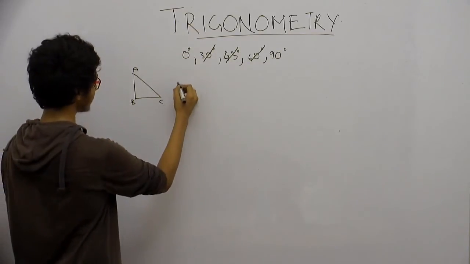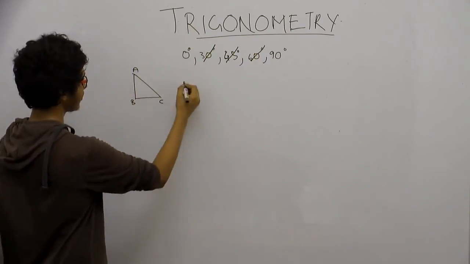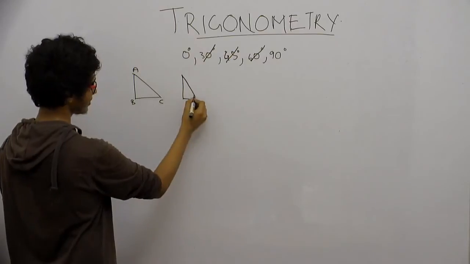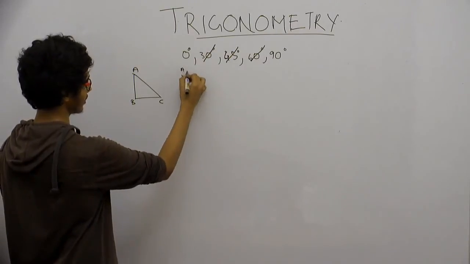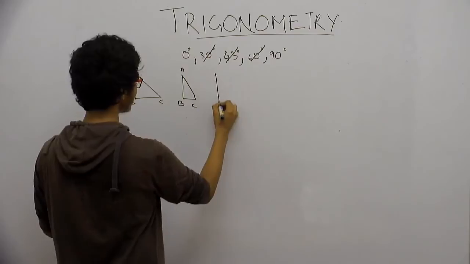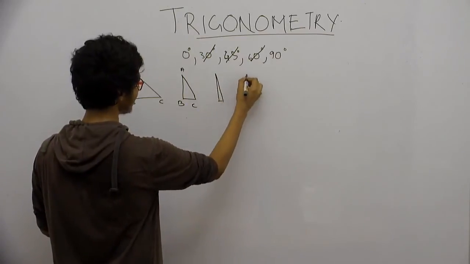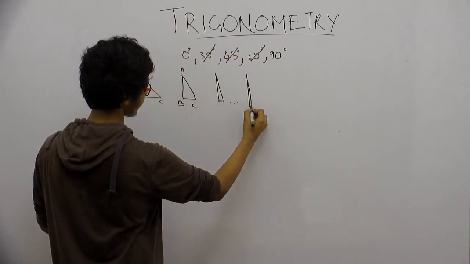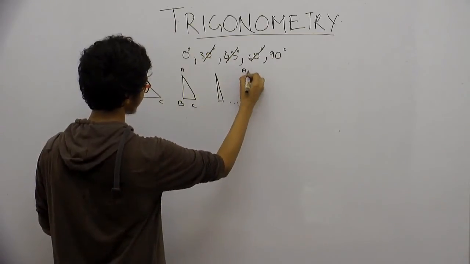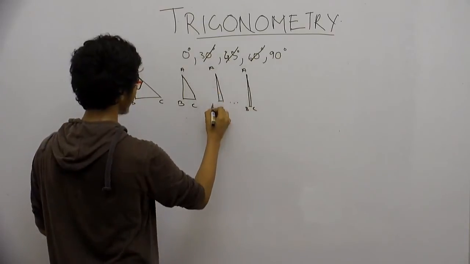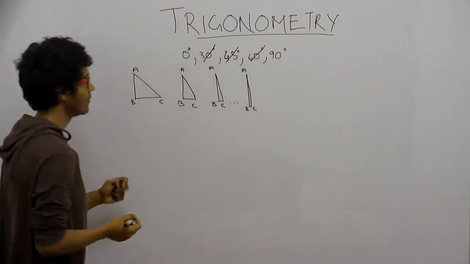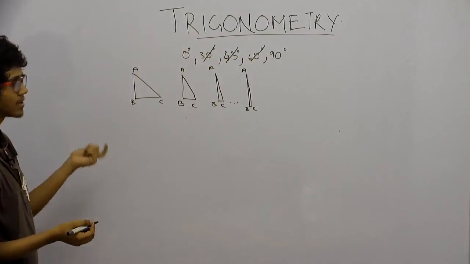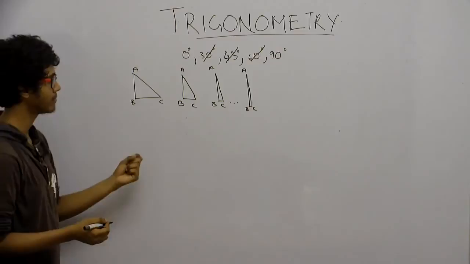So that's how this angle will increase. Keeping AB constant, we see that this angle changed. See, this angle is obviously greater than 45 degree now, and we continue doing this until we get to a point where it is almost coinciding. B is still the right angle, but since C is so close to B that the length BC is negligible, angle C is 90 degree and AB and BC coincide.